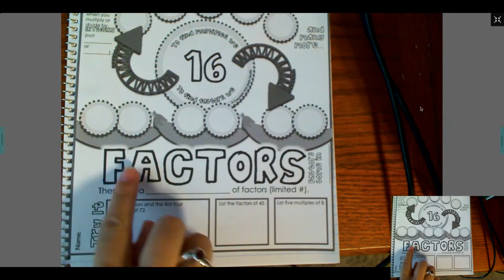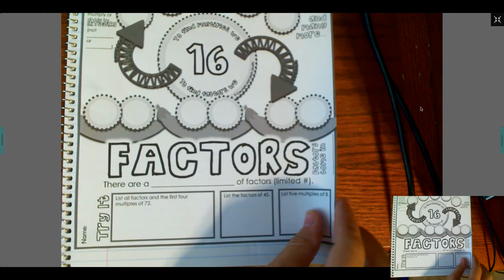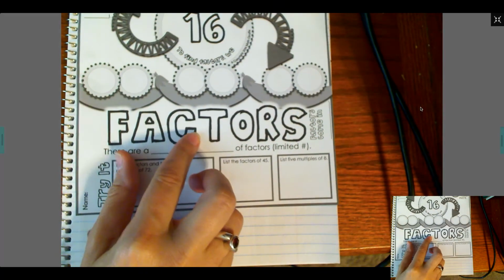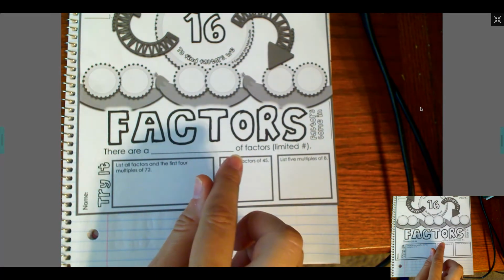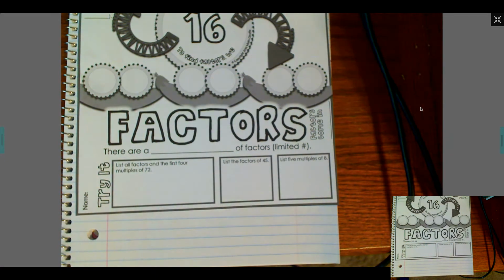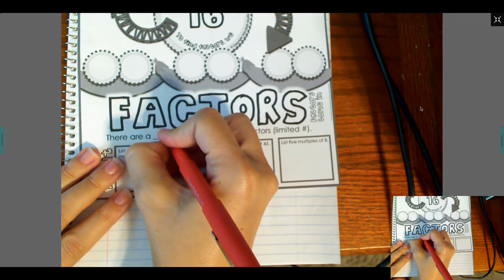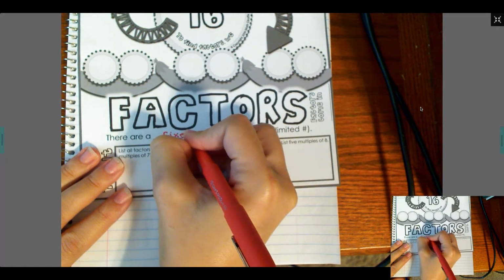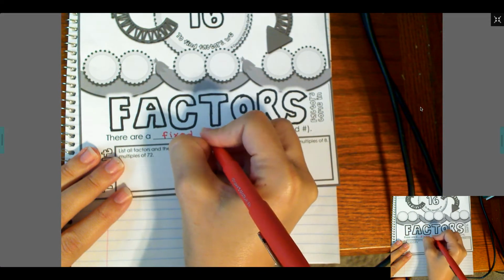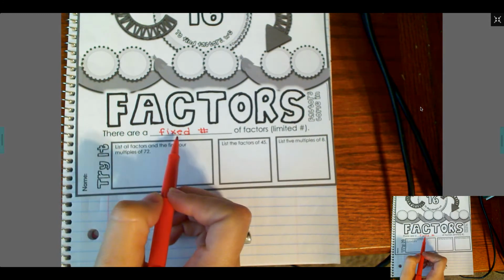So if you'll start down here on your notes, factors, it says there are a blank of factors, which means limited number. So the words we're going to look at here are fixed number. So there are fixed factors.